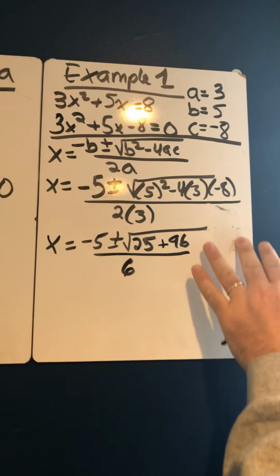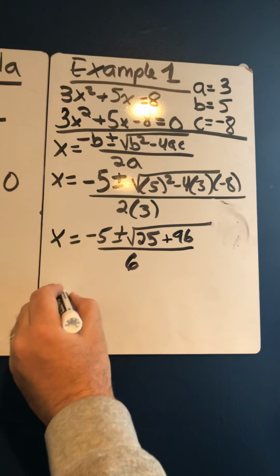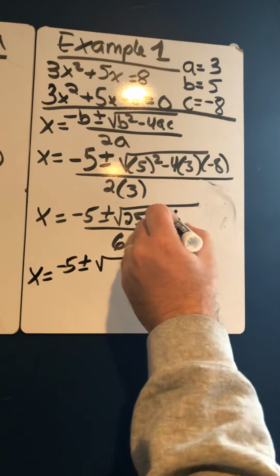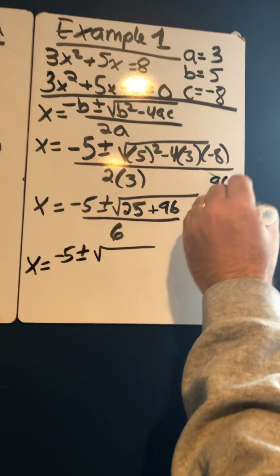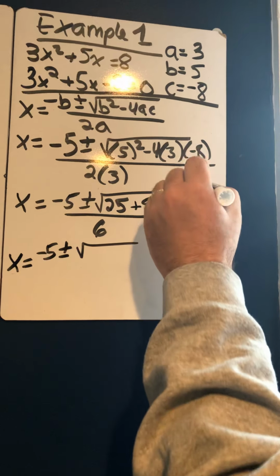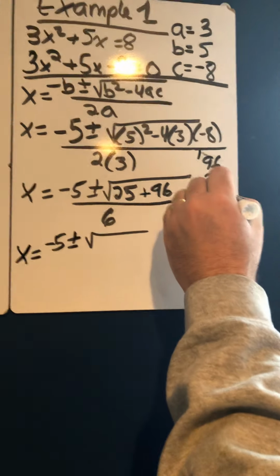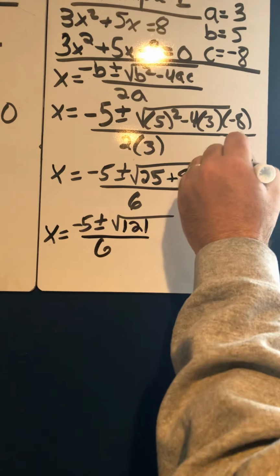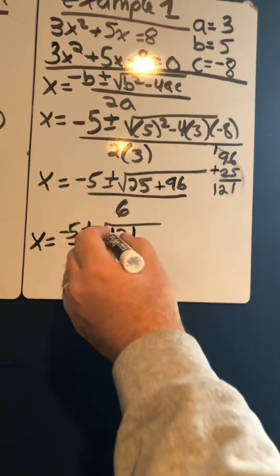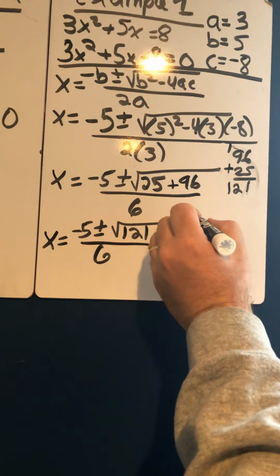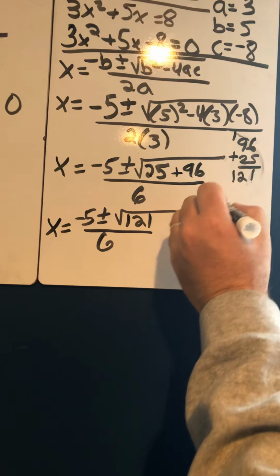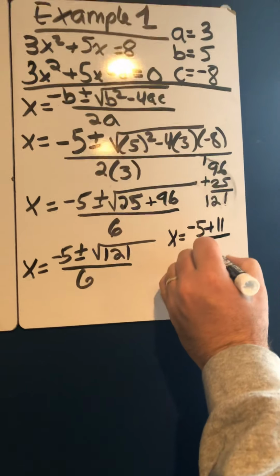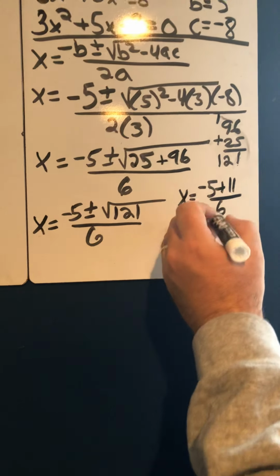As I work through there, now I'll have x equals negative 5 plus or minus the square root of 96 and 25, which is 121, over 6. So now the square root of 121 is 11, so now I have my two answers. x equals negative 5 plus 11 divided by 6. That's one solution.